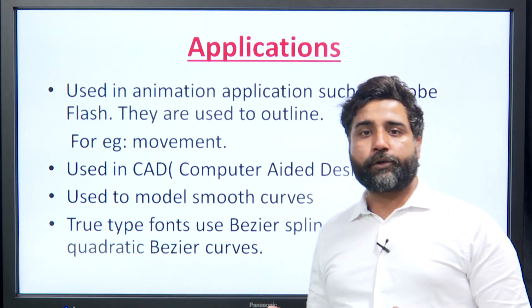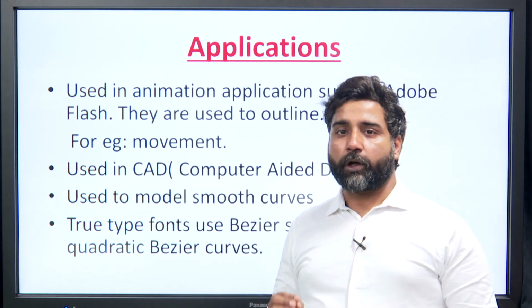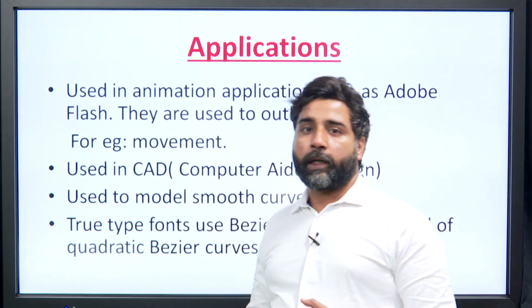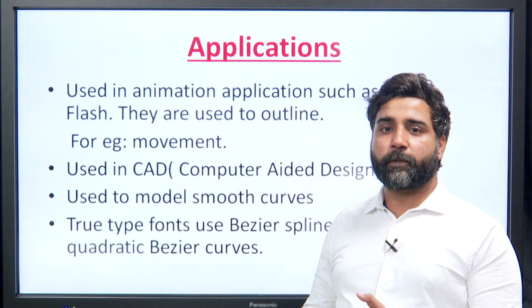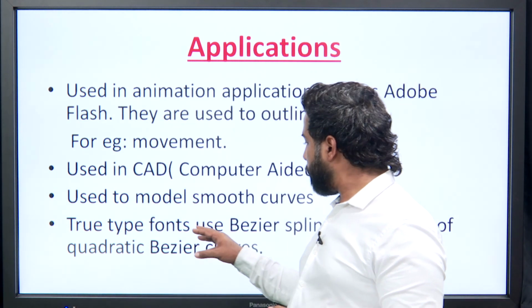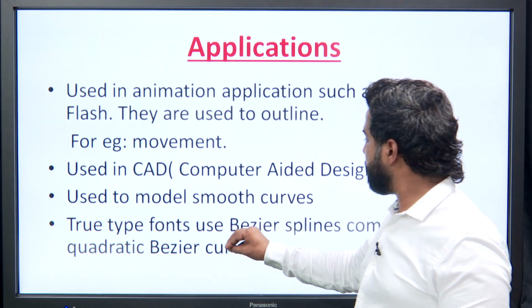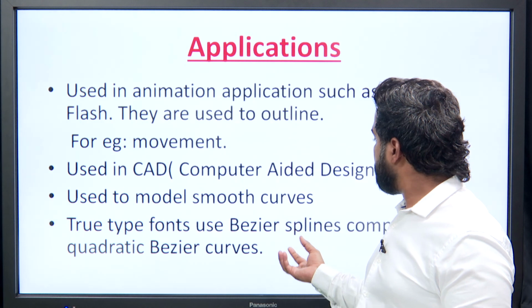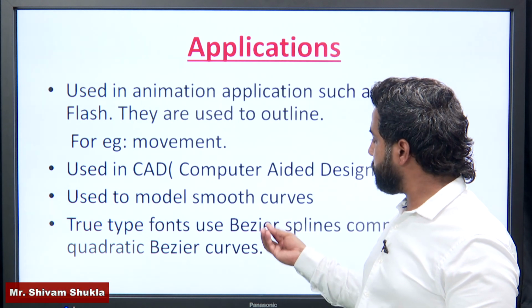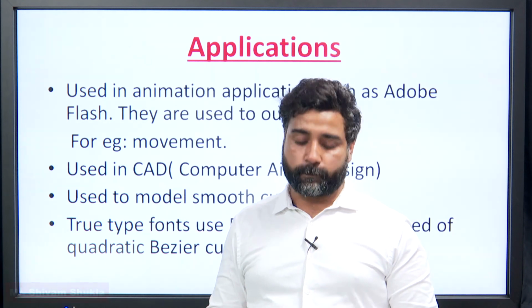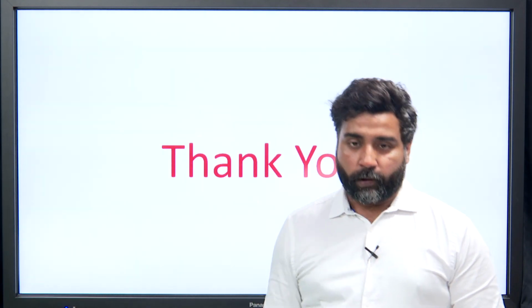Now we will discuss TrueType fonts. TrueType fonts were developed by Apple in the 1980s against competitor Adobe Type 1 fonts. This TrueType font uses Bezier curves to their maximum advantage, so that TrueType fonts make clear and more understandable fonts. Thank you.